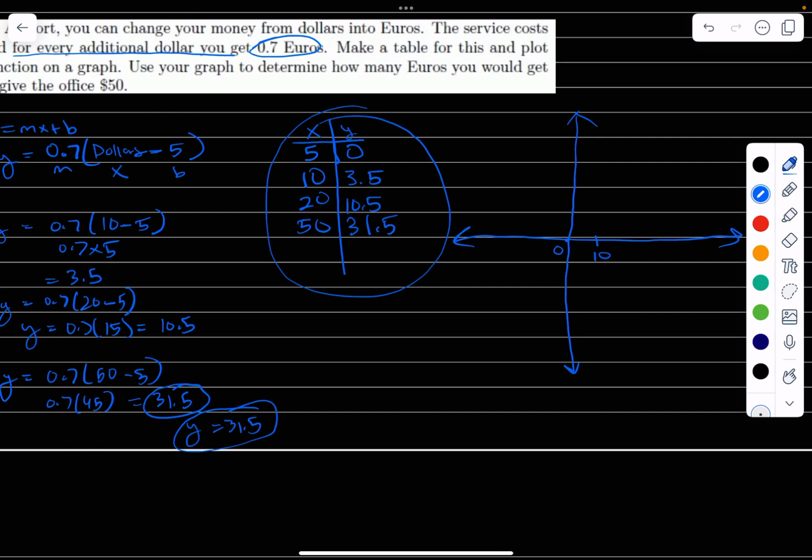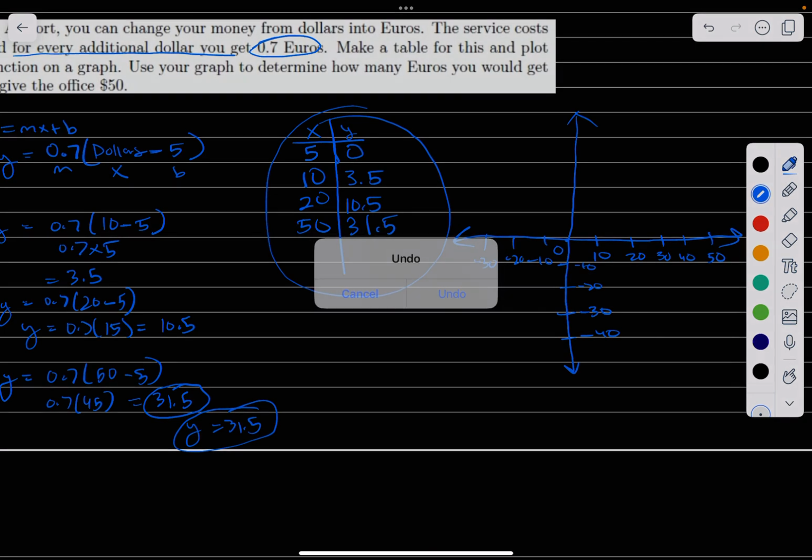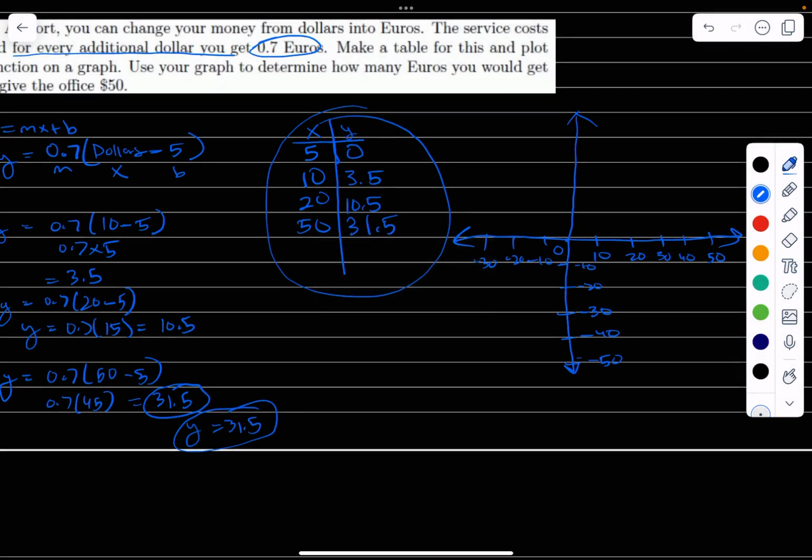We have 10, 20, 30, 40, 50, negative 10, negative 20, negative 30, negative 40, negative 50, and then 10, 20, 30, 40.